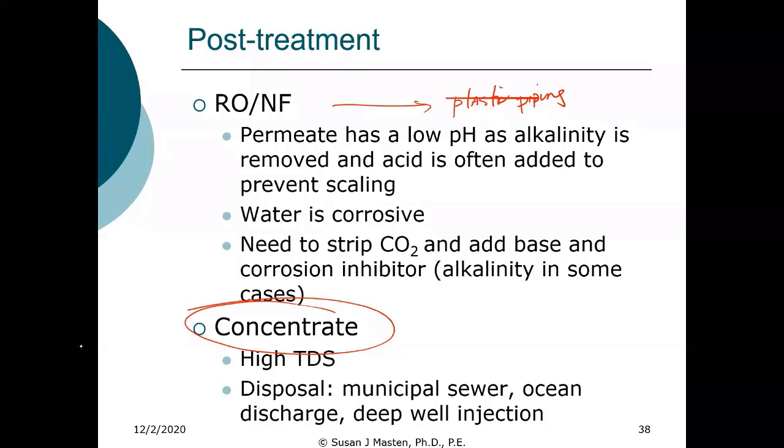If we're using activated sludge or trickling filters or oxidation ditches, it's going to affect the microorganisms. We can look at ocean discharge, but again, we have to be very careful, because if we discharge too close to the surface, we can actually change the salinity of the water in the estuary, which then impacts the aquatic ecosystem negatively.